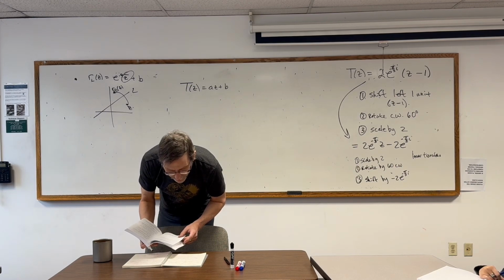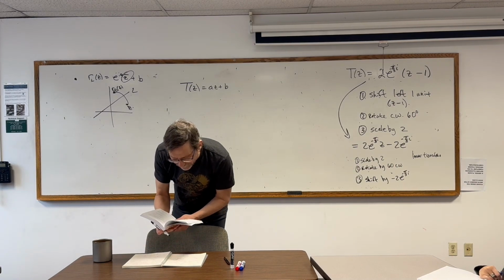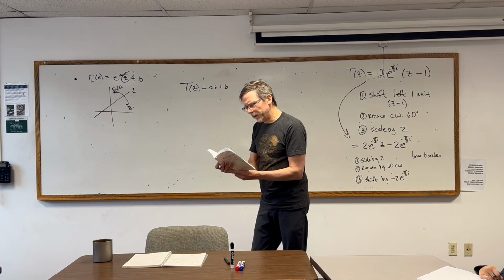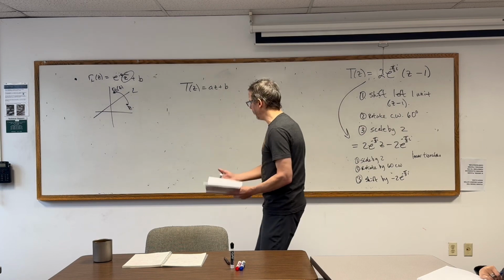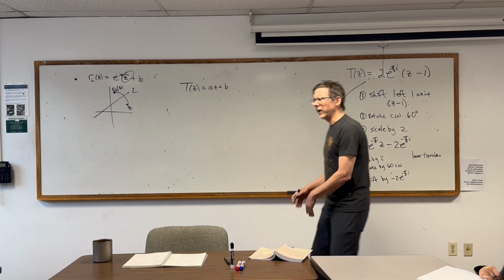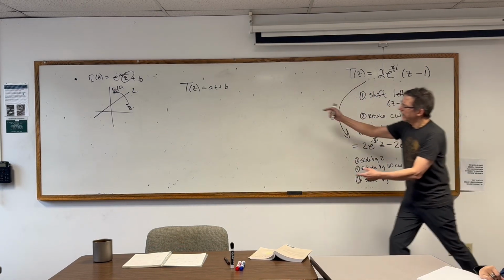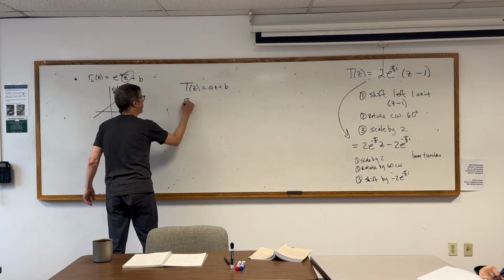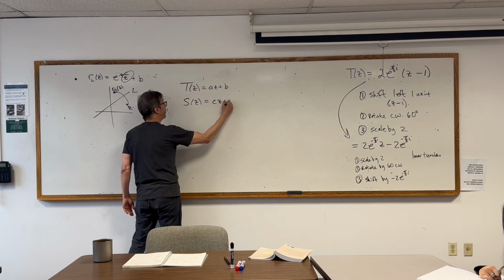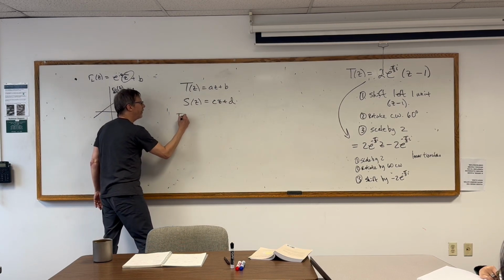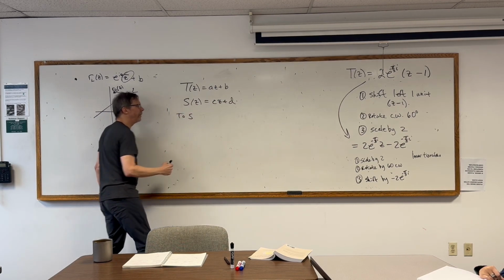Let's see, Theorem 315 I wanted to hit. The composition of two transformations is also a transformation. I'll just kind of prove that really quick. So if I've got a transformation that looks like this, and I've got another one that looks like this, what does this notation mean?